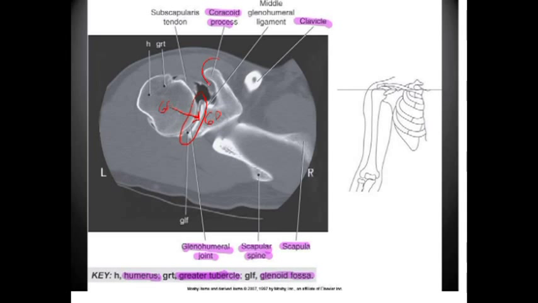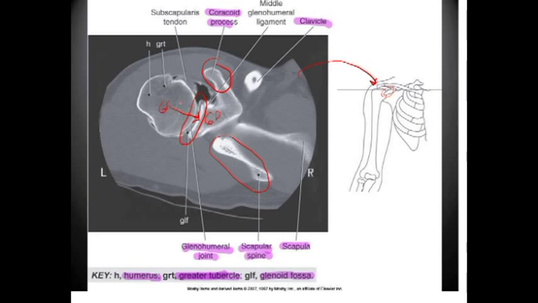Additionally, we have the coracoid process jutting anteriorly. We're not visualizing the acromion. If we refer to this image over here, we can see that we've just scanned past the acromion and are getting into the coracoid process. Here we have the scapular spine.